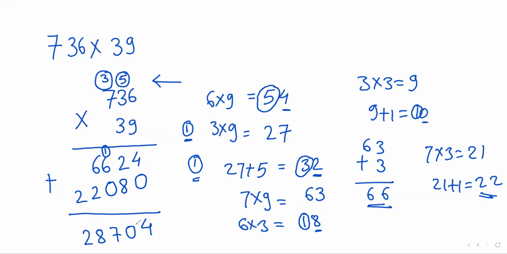That is, when we multiply 736 by 39, what will we get? This is the answer, and it is read as 28,704. What is the answer? 28,704. Okay.